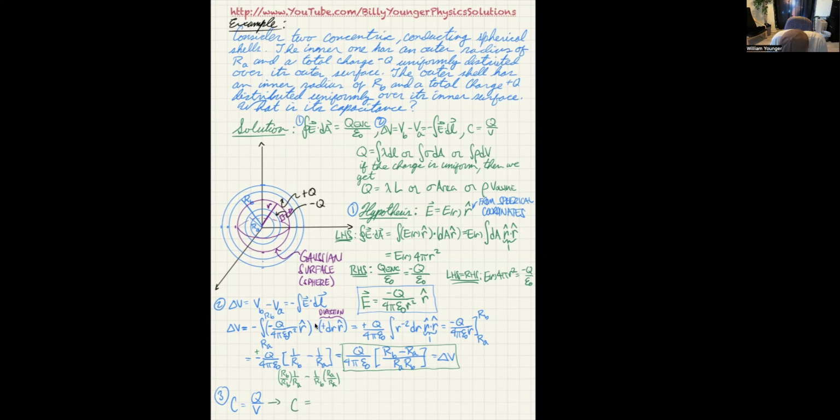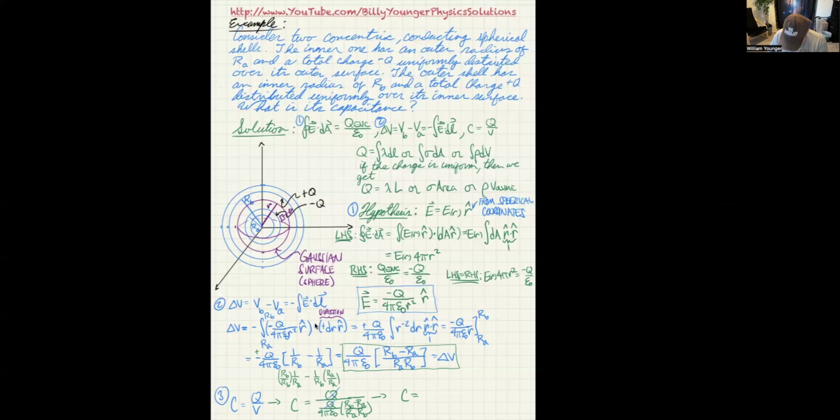So C is equal to Q divided by V. Now the V is Q over 4 pi epsilon naught, times RB minus RA over RA times RB. Notice the Q's do cancel out. That Q cancels out with that Q.